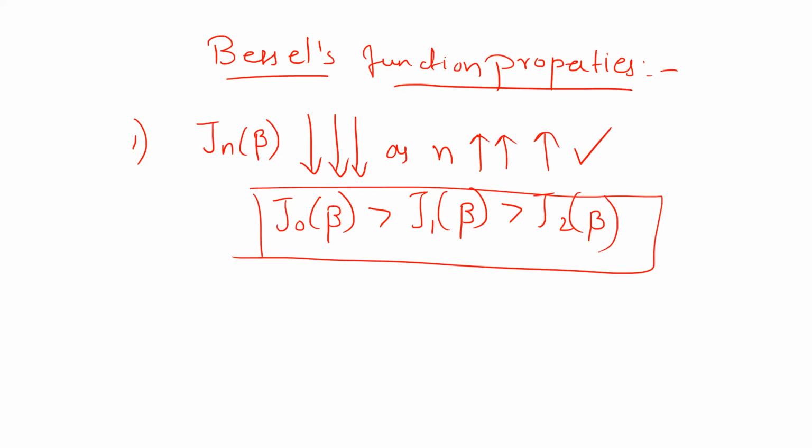So what you can say is that as n keeps on increasing, 0, 1, 2, the value of J n of beta keeps on reducing. I'm trying to give you every property with the explanation so that you can remember it well and not just by heart it. So it should be correct.